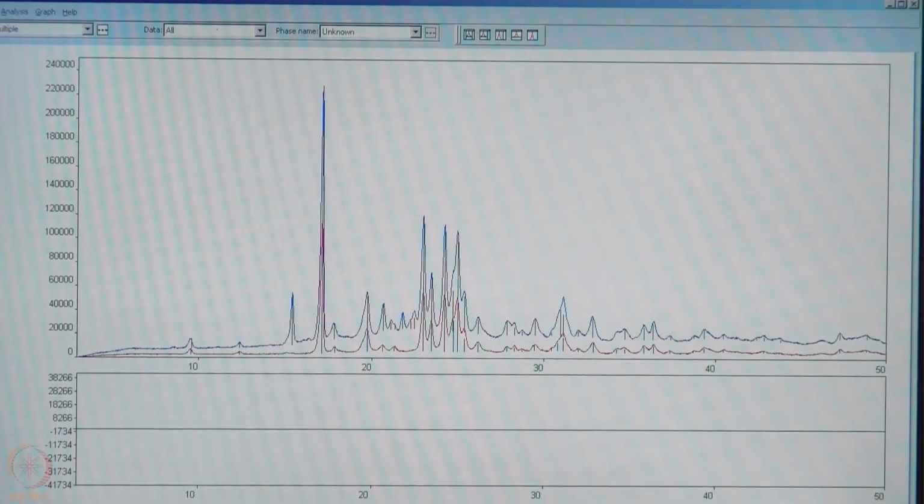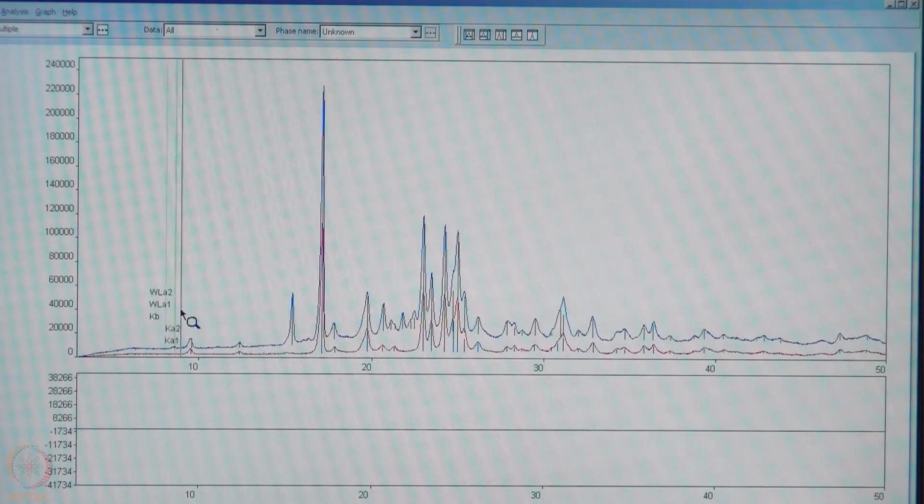The red one is with a nickel filter installed before the detector, and the blue one is without the nickel filter placed in front of the diffracted beam. What we see in general in the blue pattern is that there are some additional peaks which are not there in the red. That indicates the additional peaks are coming because of the presence of K beta radiation in the diffracted beam.